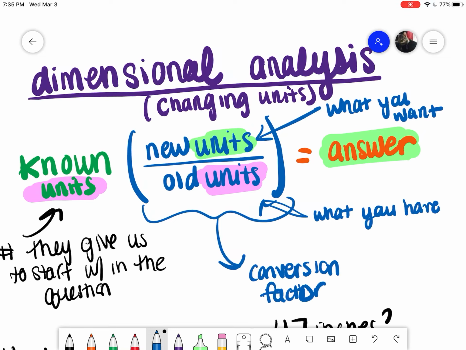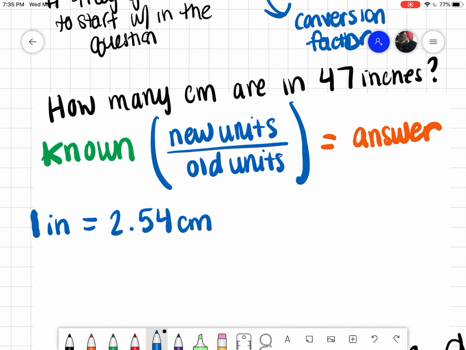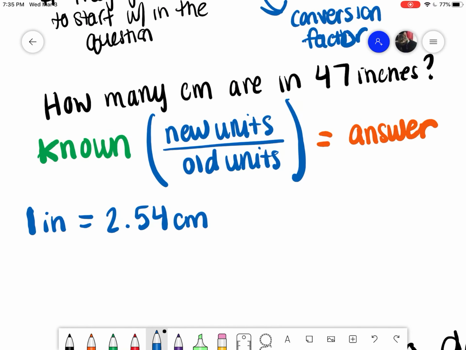So now we're going to look at this formula in terms of an actual question. Our first question is how many centimeters are in 47 inches? That's the question, and then they give us a conversion factor, which is 1 inch equals 2.54 centimeters. So we're going to break this down to put this question into our formula so that we can find our answer.